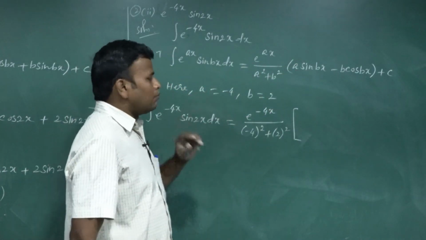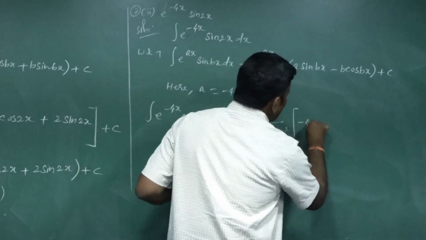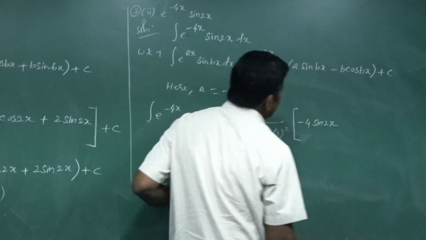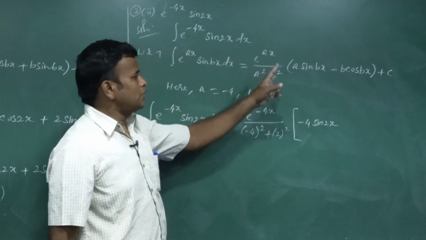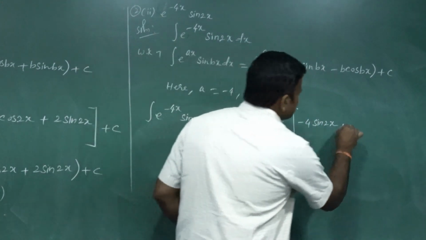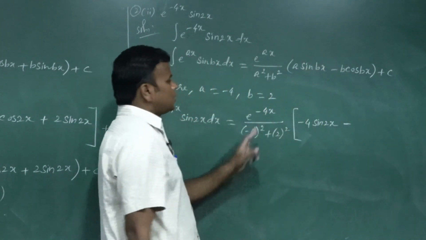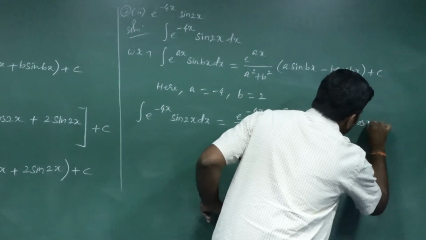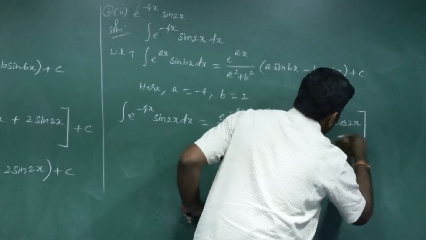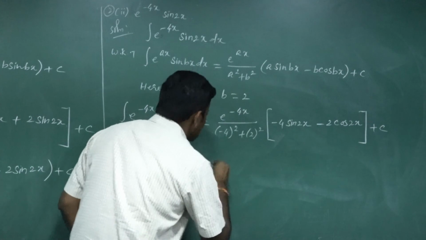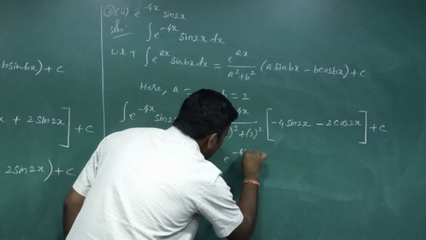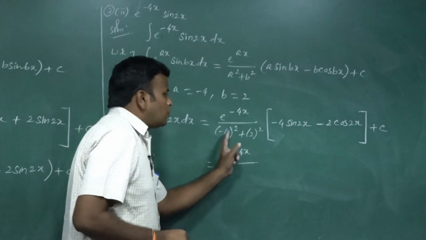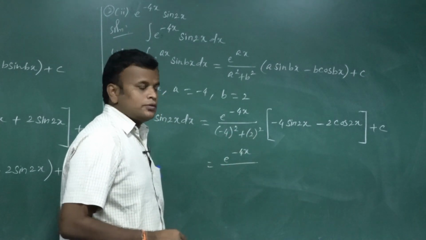What is the value of a? Minus 4. So minus 4 sin 2x. Minus by formula minus b. The value of b is 2. 2 cos 2x plus c is e power minus 4x by minus 4 the whole square plus 2 square.